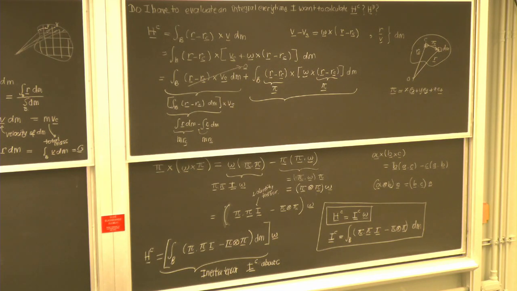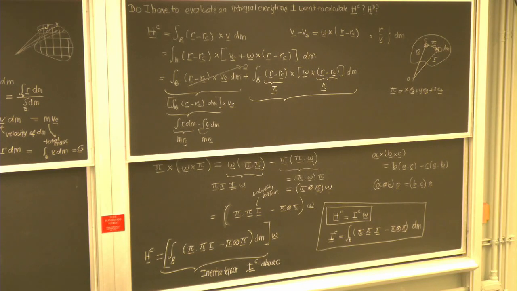So I have IC is equal to the integral over the body of pi dot pi I minus pi tensor pi dm.